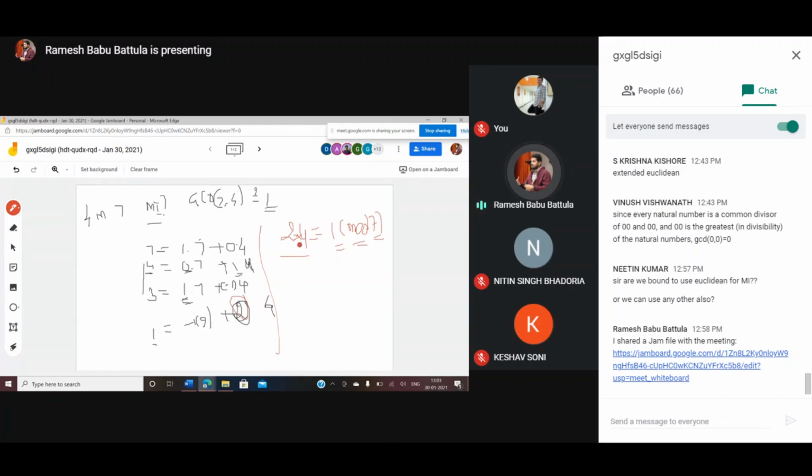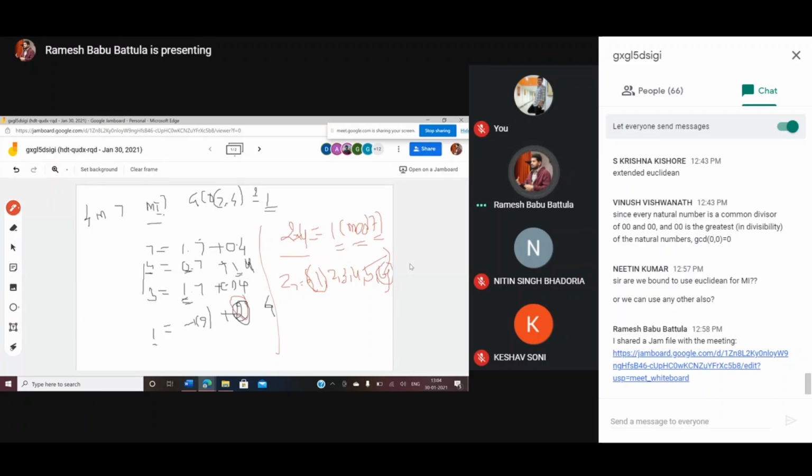So here I want to explain one point. If Z7 is there, what elements are there in Z7? I consider 1, 2, 3, 4, 5, and 6. Keep a logic here. 1 and 6 are multiplicative inverse values.